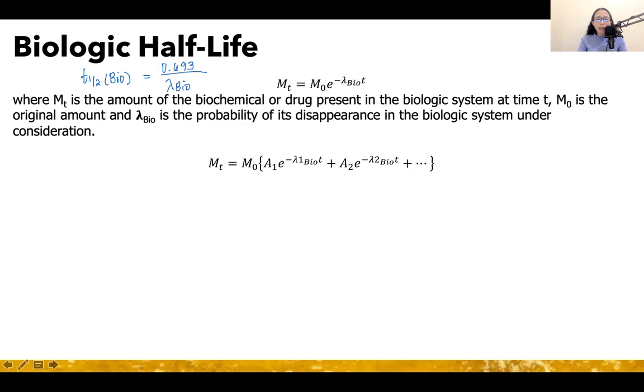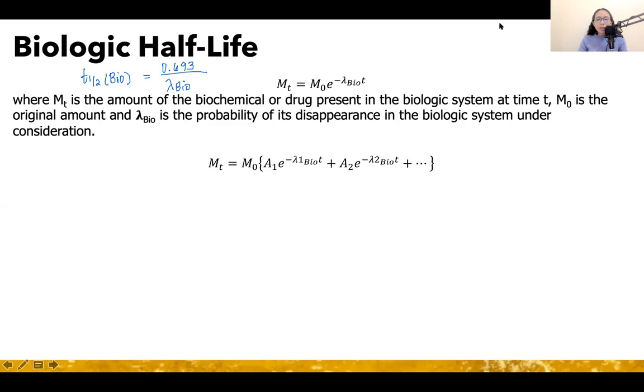It means that you have a very complicated behavior for the disappearance of this radioactive biochemical drug or compound. So sometimes you can have this very complicated equation to describe the disintegration of your radionuclide inside a biological system.